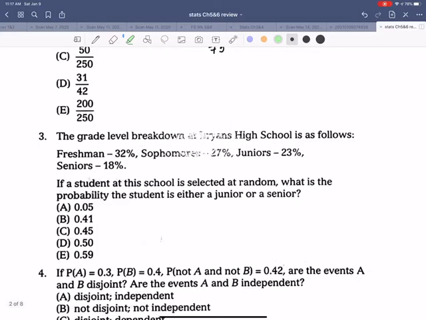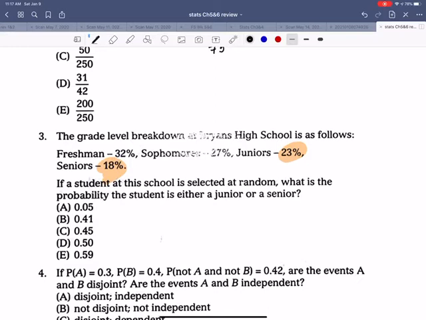3, the grade level breakdown at Byron's High School is as follows: freshman, sophomore, junior, senior. If a student at this school is selected at random, what is the probability that the student is either a junior or a senior? So that means you're not picky. This is a junior or a senior, and this is also a junior or a senior. So because they're mutually exclusive events, you can't be a junior and a senior at the same time.